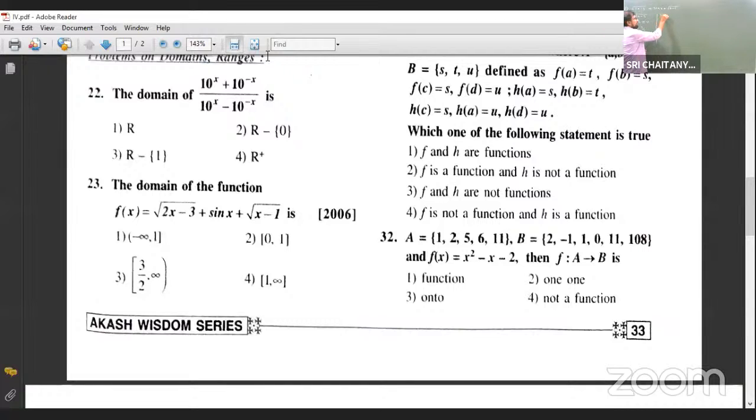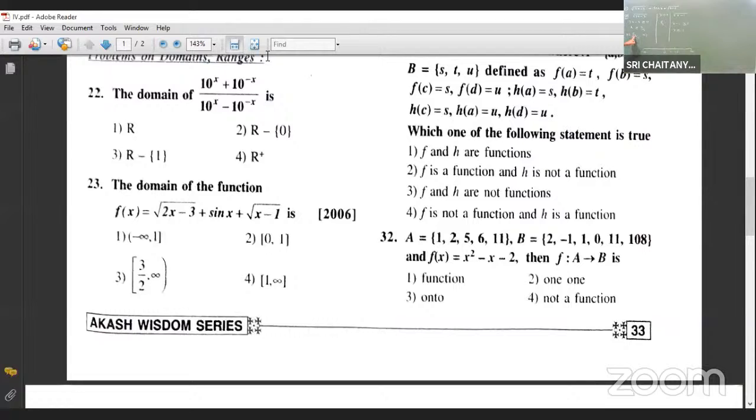Now the domain of sin x is capital R. The domain of root of x minus 1 means x minus 1 is greater than or equal to 0, so x is greater than or equal to 1. 3 by 2 means 1.5. See the domain on the real number line: 0, 1, 1.5 and infinity.